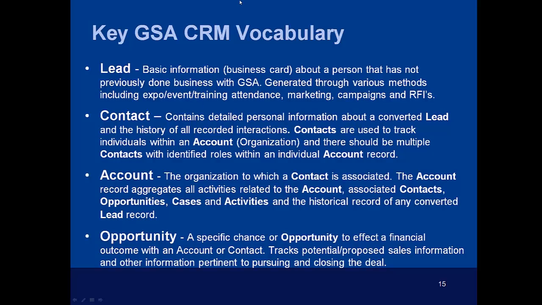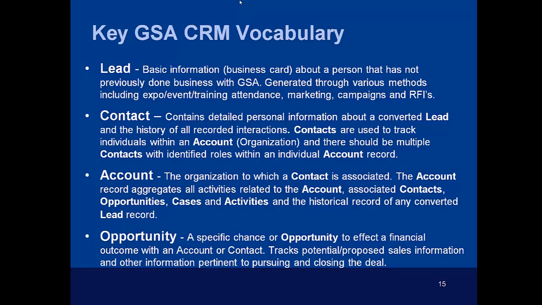Now, getting into some of the more specific pieces of information related to the system, I just want to do a quick overview of the key vocabulary for you guys. As I was saying, Salesforce is very complex, and there are a lot of moving parts. But these are really the four that you're probably going to be using on a very regular basis.